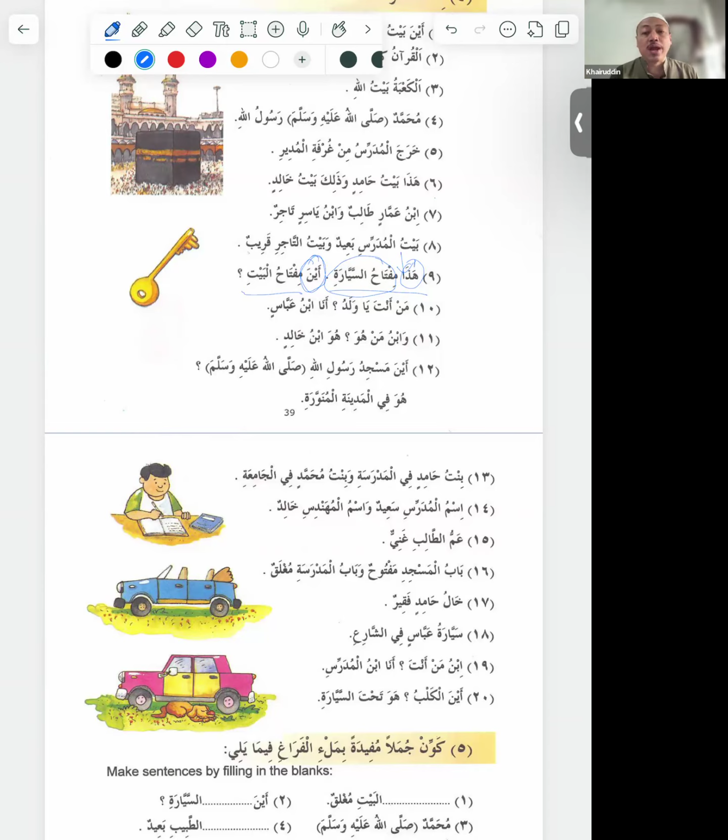The house key where. It's just that the author here has moved the khabar in front. So in formal Arabic, we call this khabar muqaddam, the khabar that has been put to precede the mubtada. Aina miftahul bayti. Where is the key of the house?